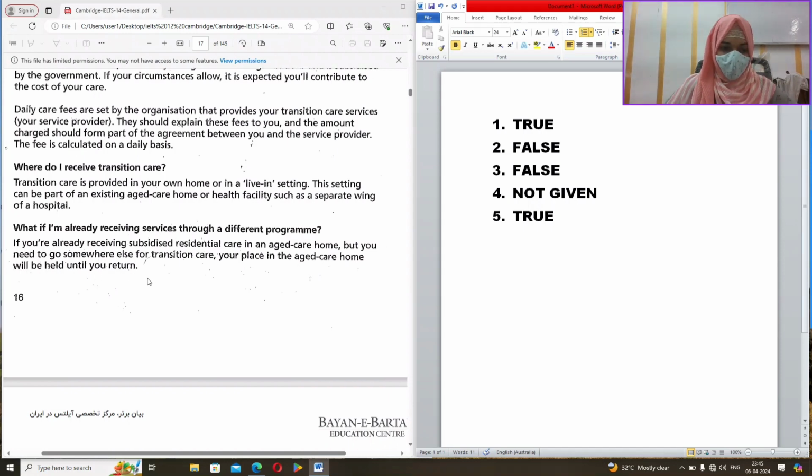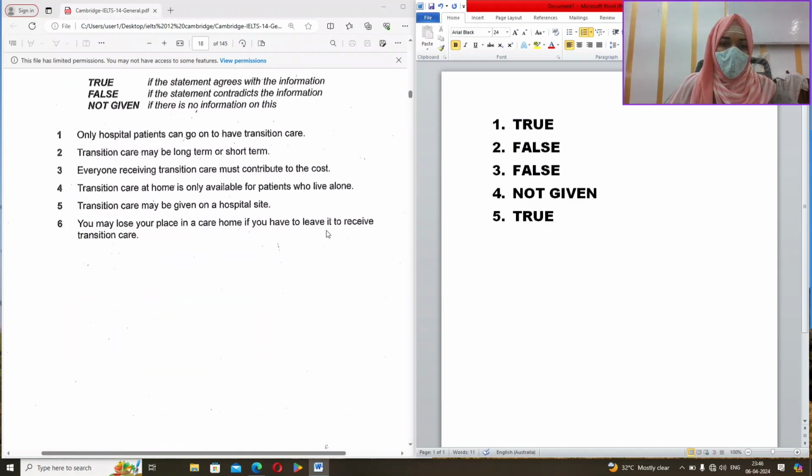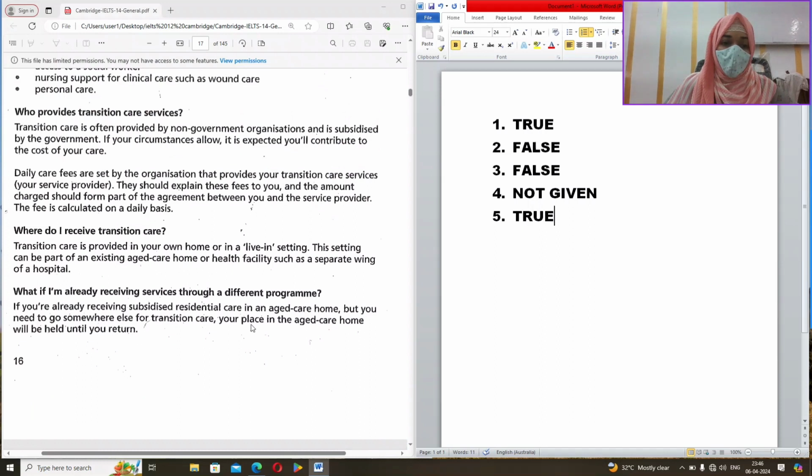See, what they are saying is you may lose, but here it says held, will be held, meaning you won't lose your place, it will be secure until you return. So the statement contradicts, and our answer will be false because our place is secure.